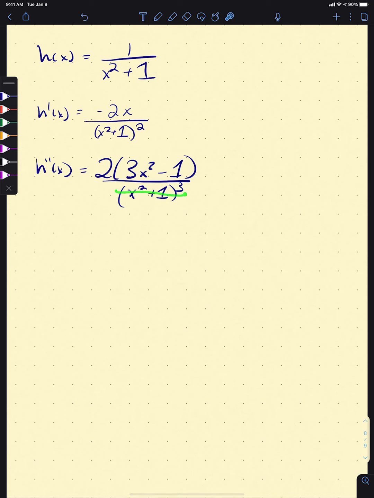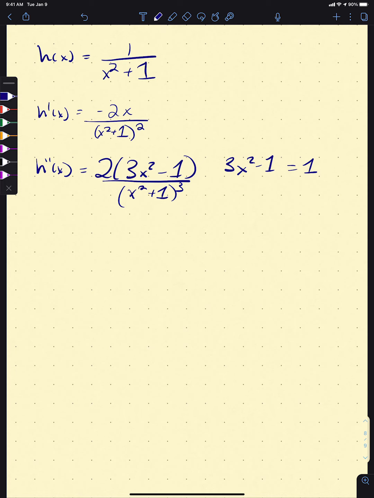And so our function always exists. And so that means it's going to equal 0 whenever this top equals 0. So that means it's 0 when 3x squared minus 1 equals 0.